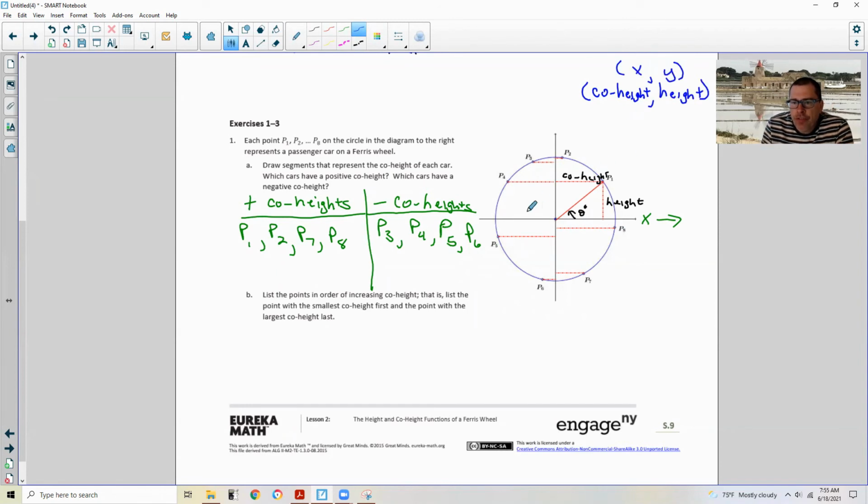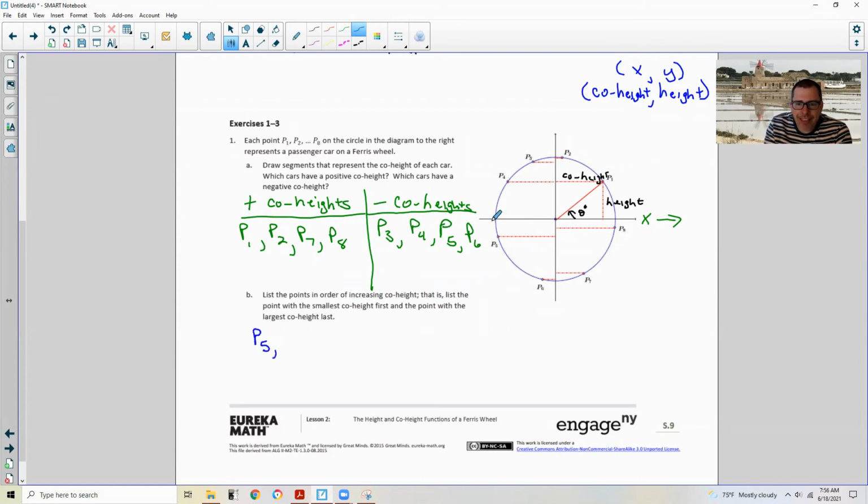Kohheit is just our x values, height is our y values. So that makes it a lot easier when you're thinking about this. And then part B says, list the points in order of increasing Kohheit. That is, list the point with the smallest Kohheit first, then the point with the largest Kohheit last. Well, the smallest is the furthest left. So the furthest left is going to be P5.